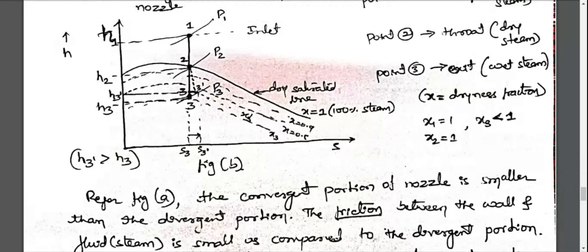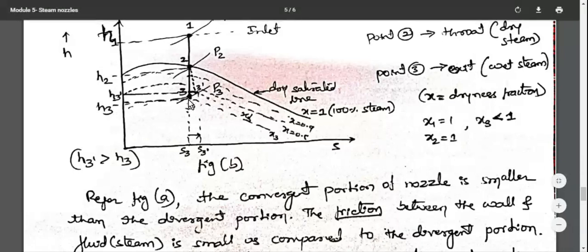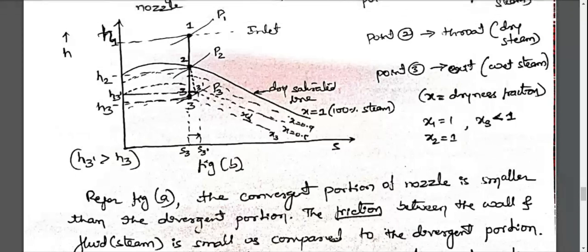Which value is more? h1 minus h3, the x value, is more compared to h1 minus h3 dash, the y value. So the enthalpy drop decreases. X is more, y is less. So the enthalpy drop decreases, but the final enthalpy increases.